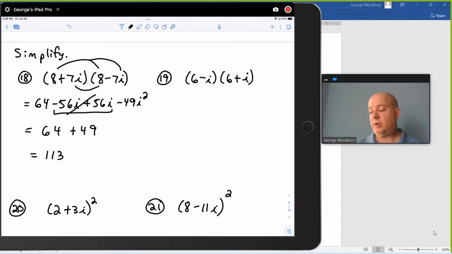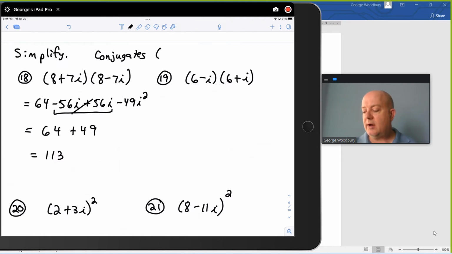Now these two numbers, if you look at them before we multiply, let me erase some of this. What you'll notice is that the two parts are the same, except for the sign in the middle is different. 8 plus 7i, 8 minus 7i. These are what we call conjugates.